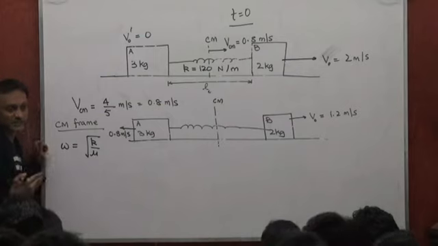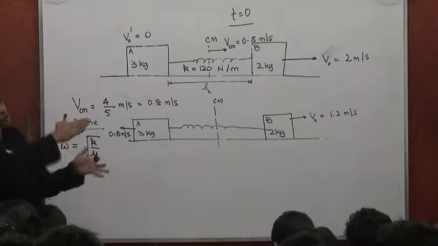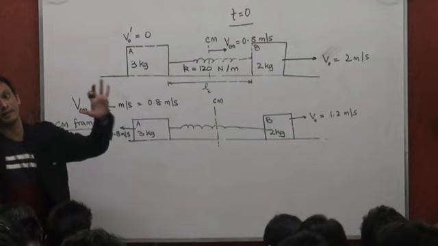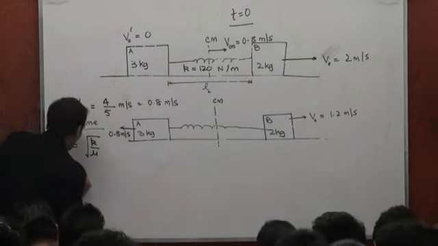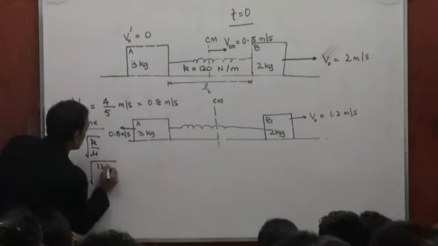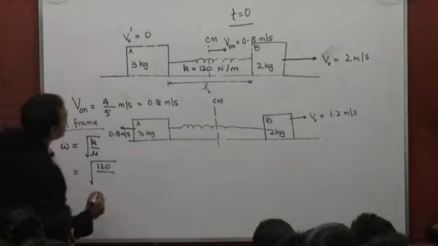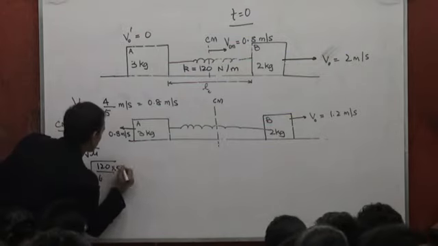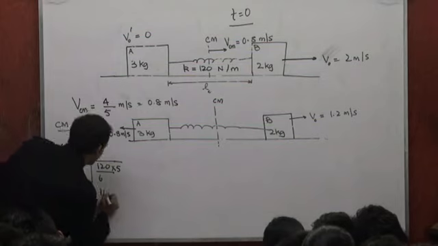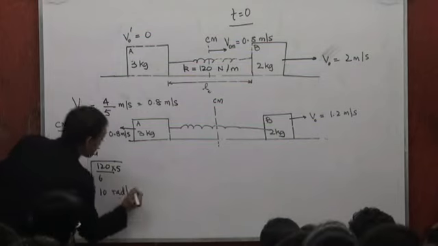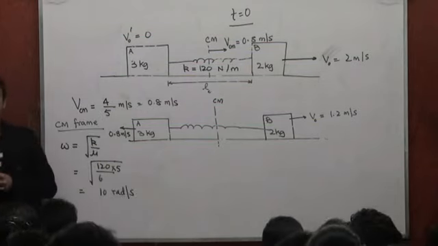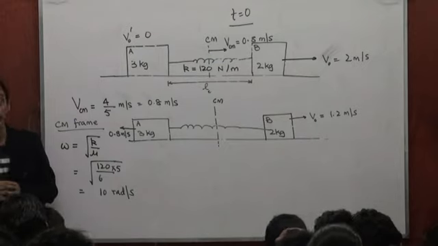With these many radians per second, it's going to execute simple harmonic motion in the center of mass frame perspective. Clear? Which is going to be, say, 120 divided by 10, so 10 radians per second is the omega in the center of mass frame. Right?